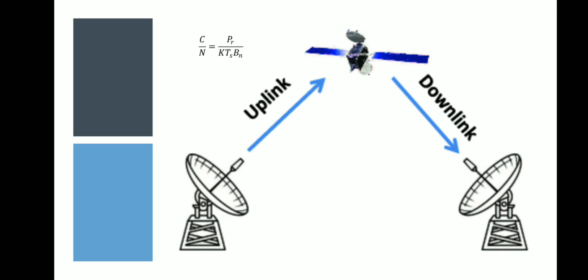Because we know designing here means taking into consideration the C by N ratio in the permissible limits and going ahead with the design so that the cost of the whole system is getting reduced, or the optimal cost is involved in the designing of the systems. So one by one we'll take both of them, the downlink first and then the uplink.